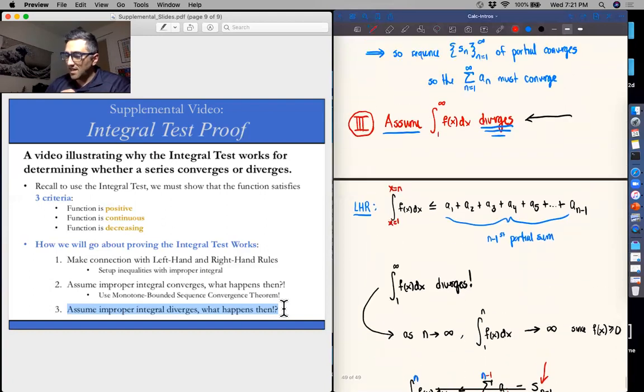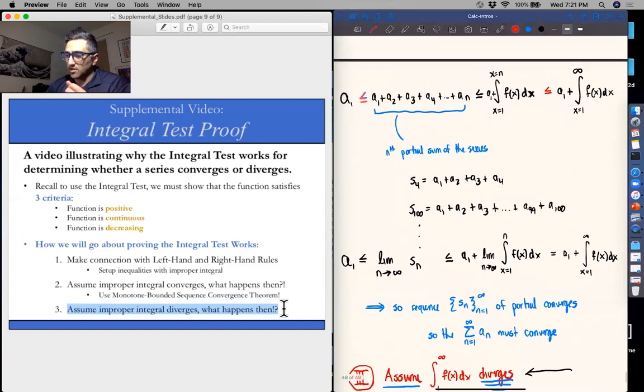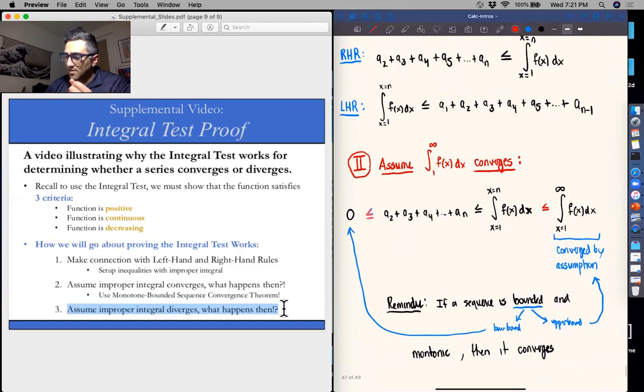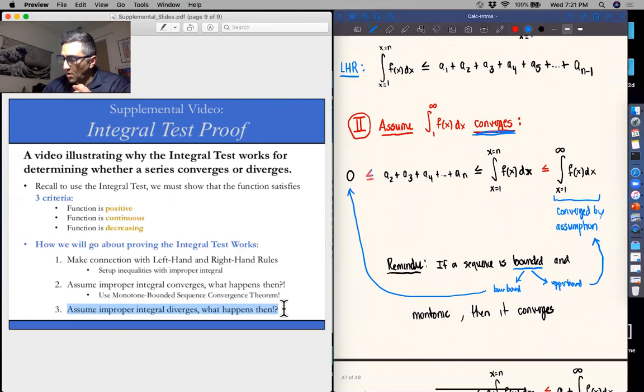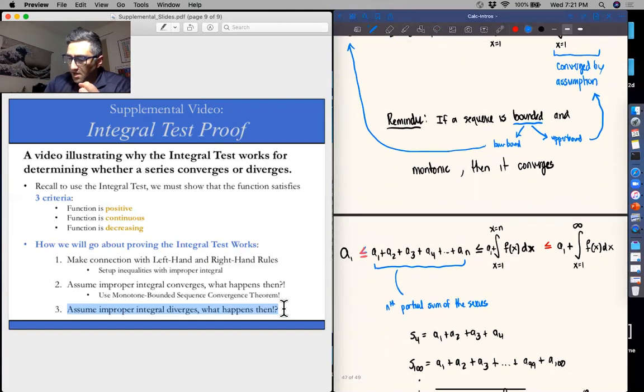In the first case we looked at, where we assumed that the improper integral converged, basically what we were able to do is create a sequence of partial sums where that sequence was both bounded below by a sub 1 and bounded above by a sub 1 plus that improper integral.